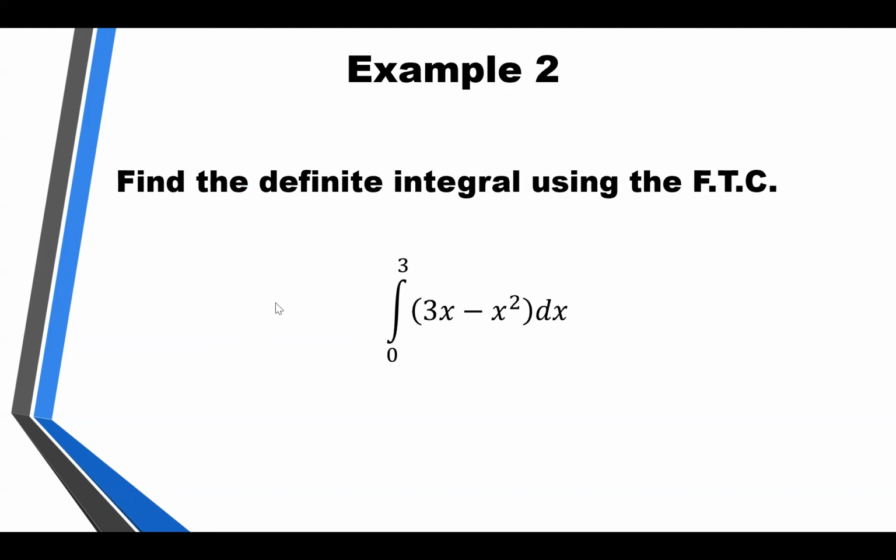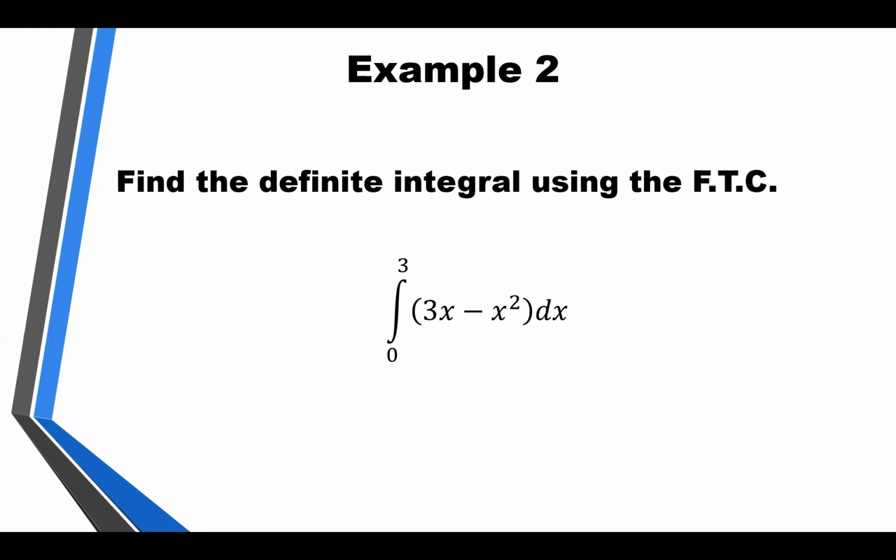Now, the advantage of the fundamental theorem of calculus is now we can find definite integrals no matter what our function is. In our previous example, we had found the signed area using geometry. In this one, I could get approximate signed areas using Riemann sums, and then if I took the limit of Riemann sums, I could find the area.